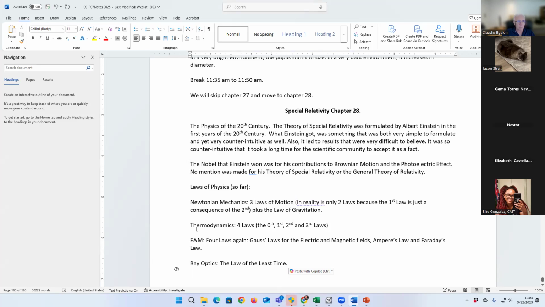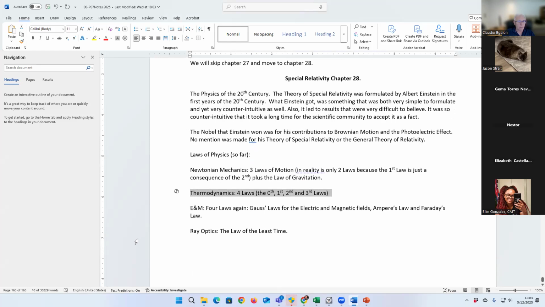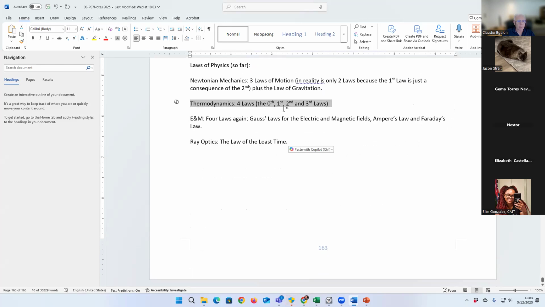Plus the law of gravitation. In thermodynamics, we have four laws, the zero law of thermodynamics, the first, second, and third laws. We just went through the four laws of electricity and magnetism, Gauss' law for electric and magnetic fields, Ampere's law, and Faraday's law.